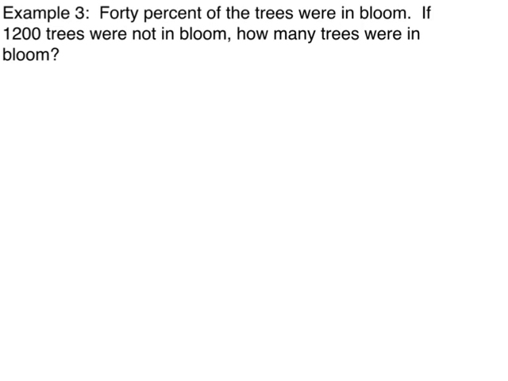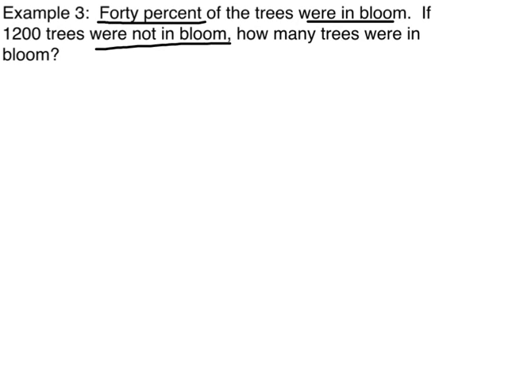Example 3 says 40% of the trees were in bloom. If 1,200 trees were not in bloom, how many trees were in bloom? All right, well, in this one, we're going to say, okay, 40% were in bloom.